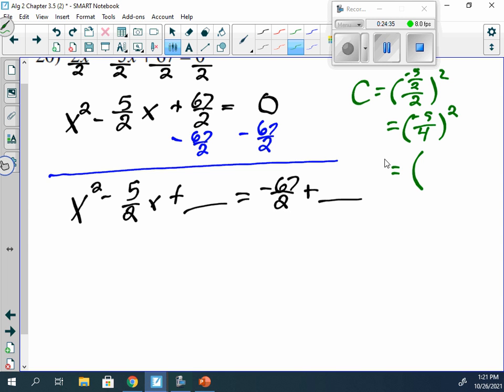Well, the last thing we need to do is we need to square it. A negative number times a negative number would be positive. 5 squared is 25, and 4 squared is 16. So we have 25 over 16 and 25 over 16.